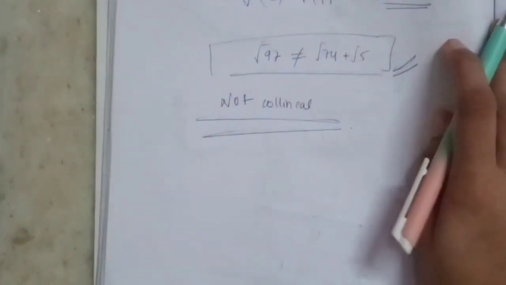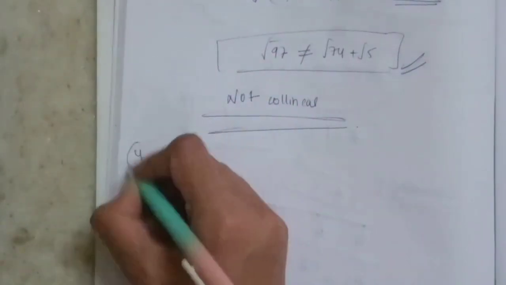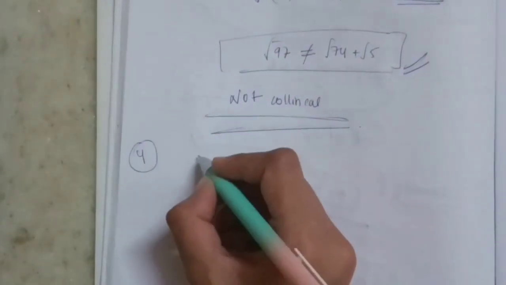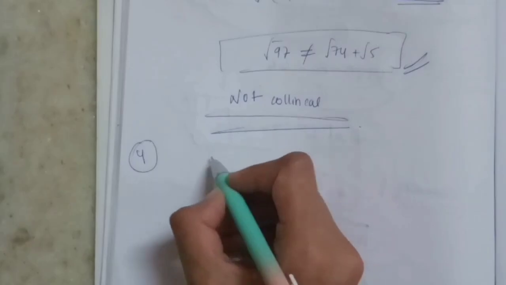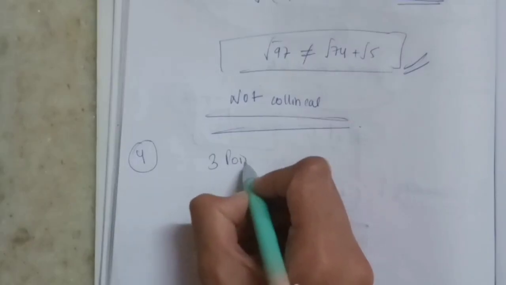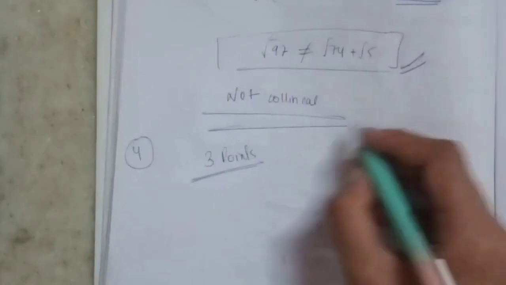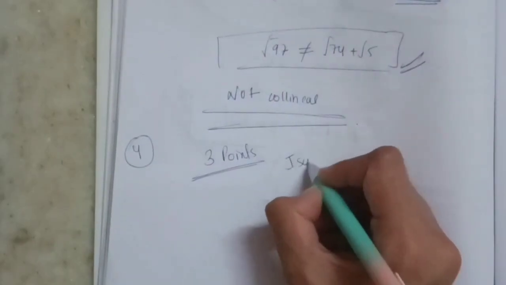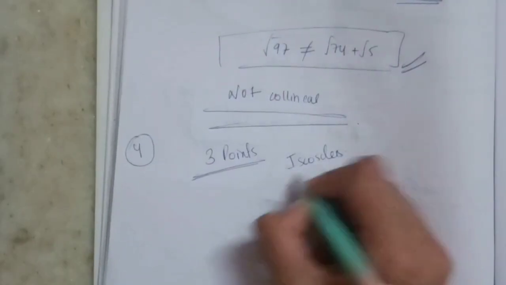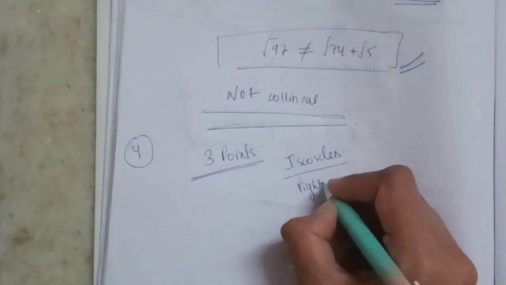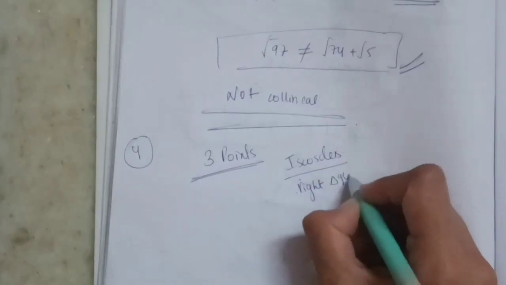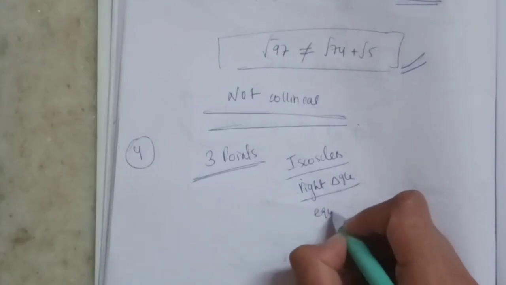And now let us go for the fourth model, where they'll give 3 points and they'll ask whether this is an isosceles triangle, or a right angle triangle, or an equilateral triangle.